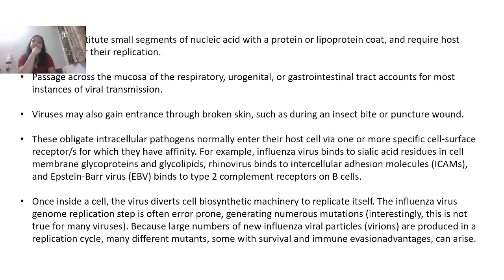And many of those new strains can have more and more evasion and survival strategies, and they thus lead to different kinds of pandemics or epidemics, which is not good.